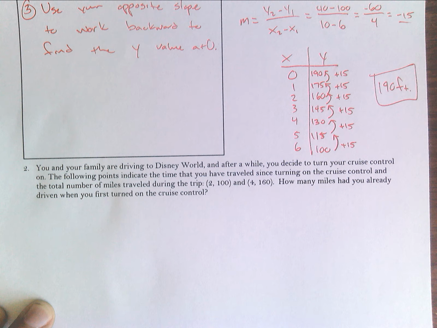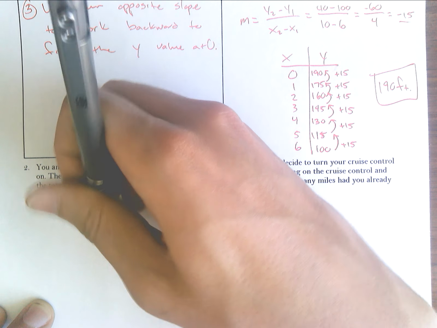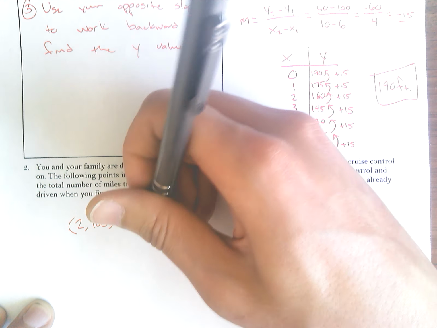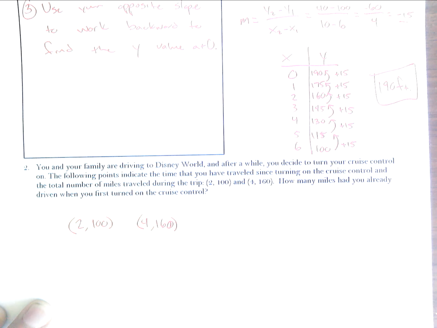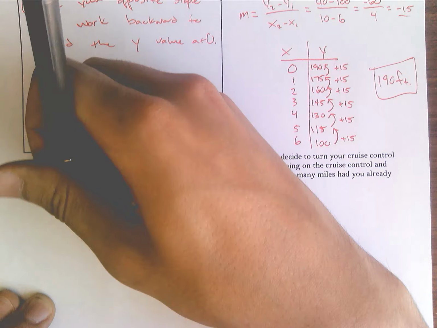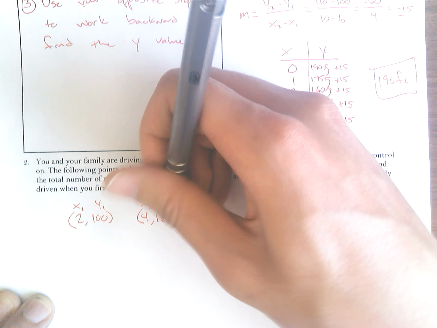Step 1, we're going to find the slope. Using our 2 points, (2, 100) and (4, 160), we label each of these x1, y1, x2, y2.